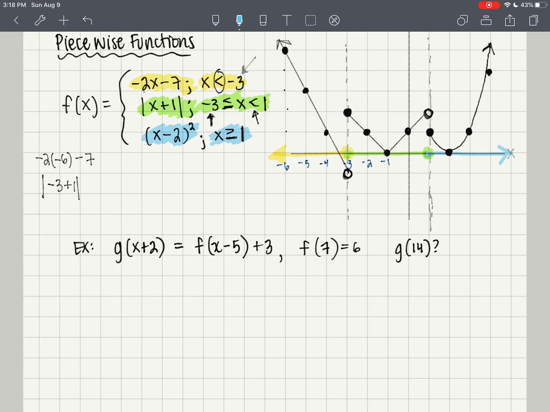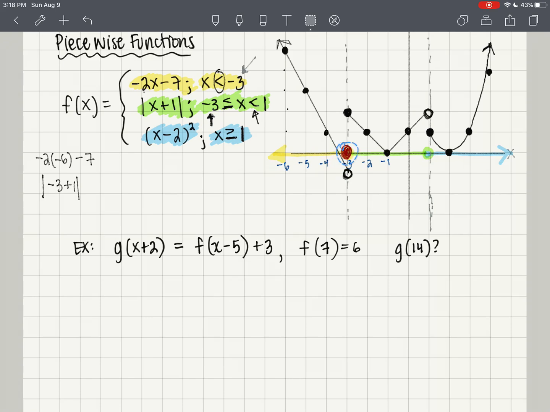So, let me show you. Okay, so this is like a pointer, so just follow the dot. Because this arrow is going to the left forever, that means that this graph is going to go to the left forever. Because this arrow is going to the right forever, it means that this graph on the right goes forever.